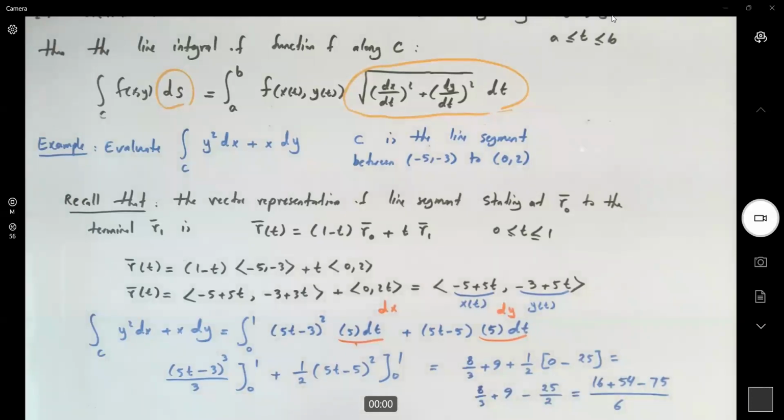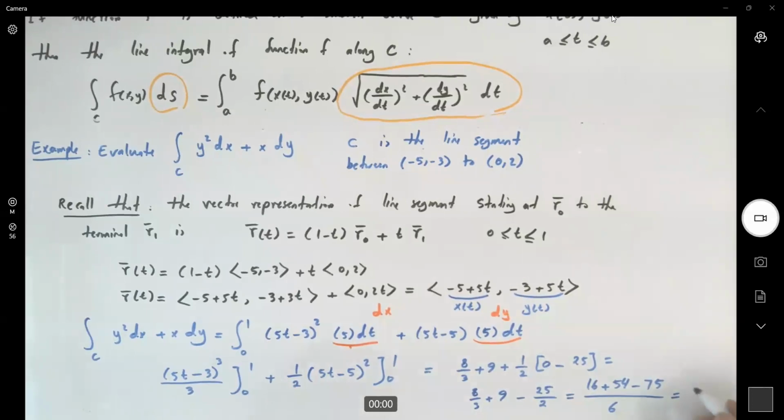Okay. So here we get negative 21 plus 16 divided by 6, which is going to be negative 5 over 6. This is your line integral.